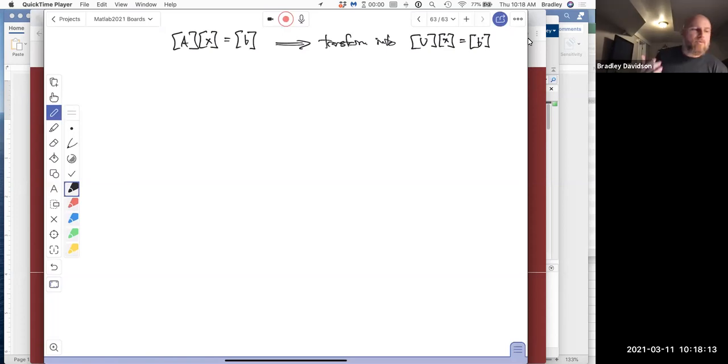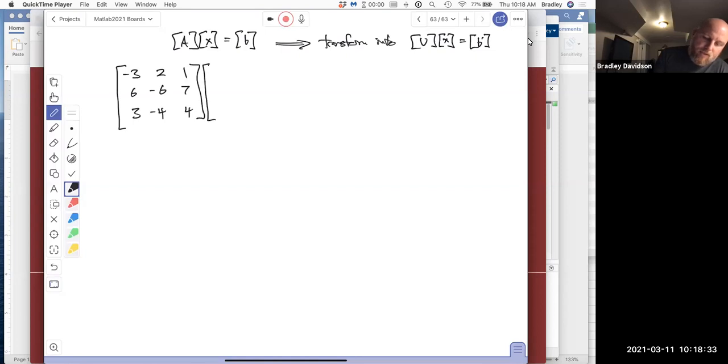And we want to do it using the forward elimination. Okay, so our system that we have is -3, 2, 1, 6, -6, 7, 3, -4, 4. It's multiplied by x1, x2, and x3. And our B matrix is -1, -7, 6.